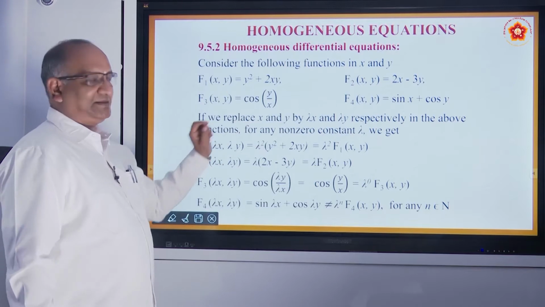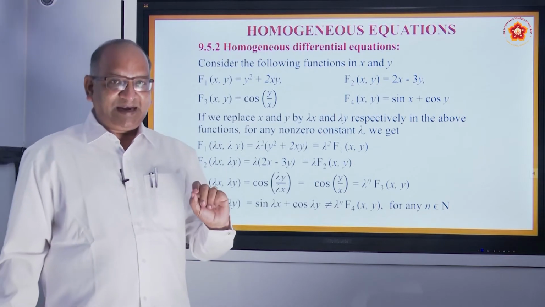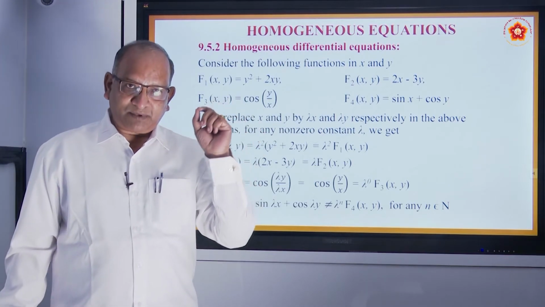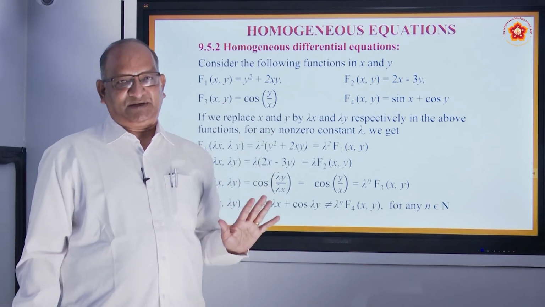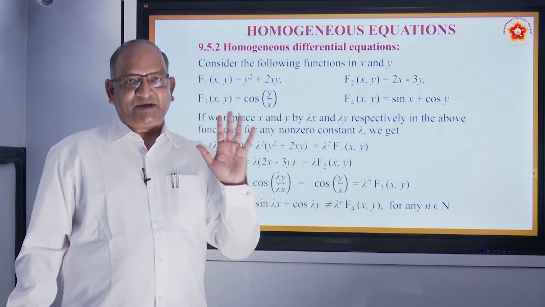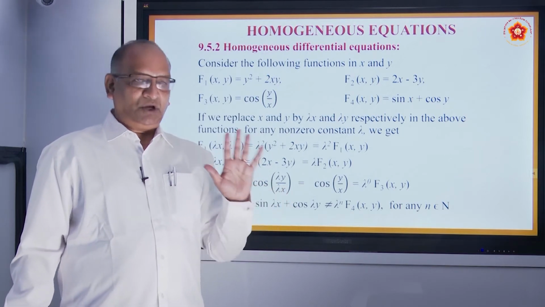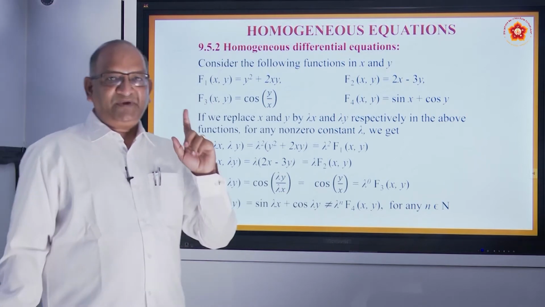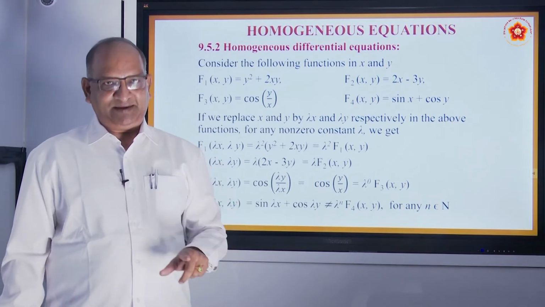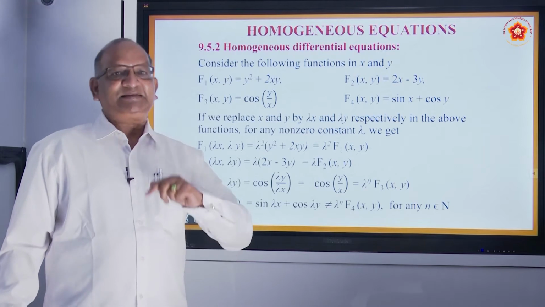First we are learning how to conclude that the given function is a homogeneous function. How do we know that it is a homogeneous function? In the given function f1(x,y), let us see what happens if we replace x and y with lambda x and lambda y.